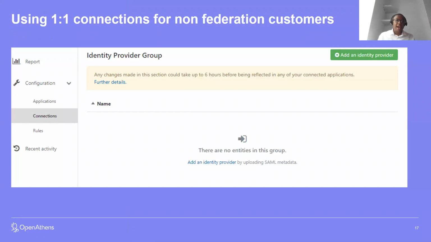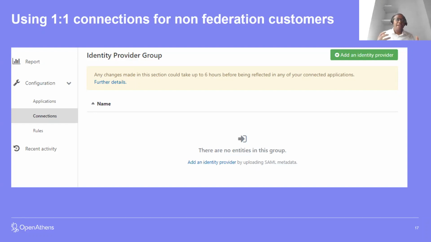Yep. So another thing which I wanted to mention is I know that we are pretty much not pushing out one-to-one connections, right? We're talking about our federation and we're talking about the benefits of it. But it's important to note that with Keystone, one-to-one connections can be useful for publishers, right?